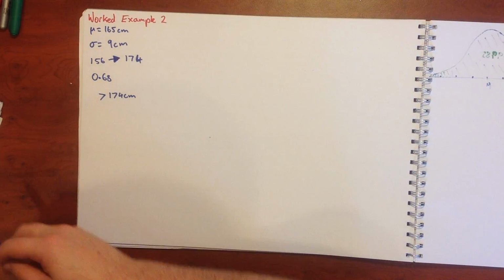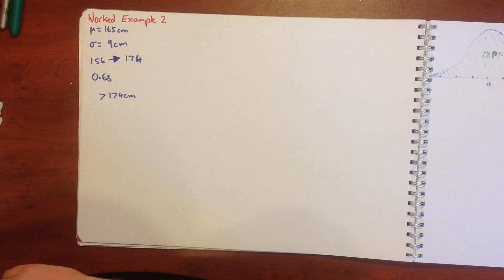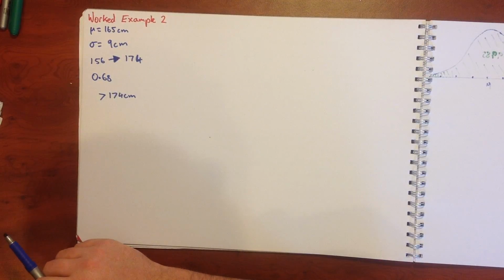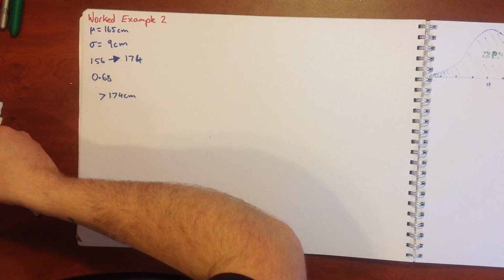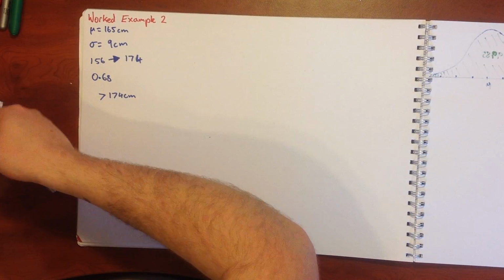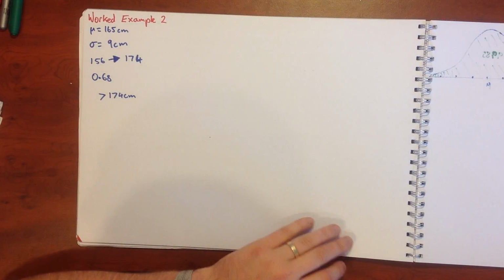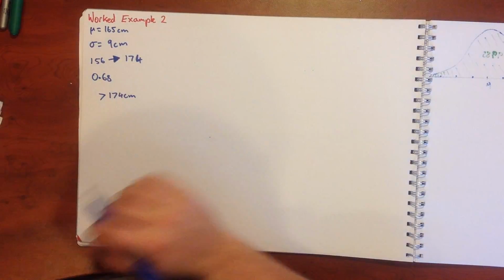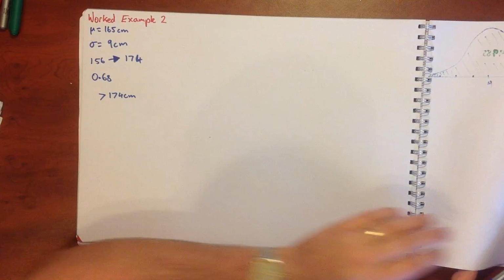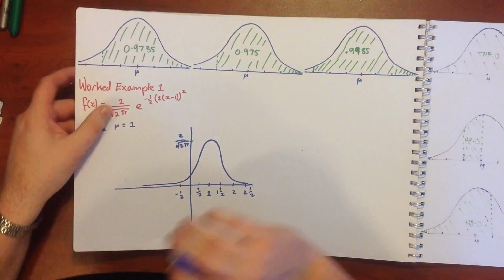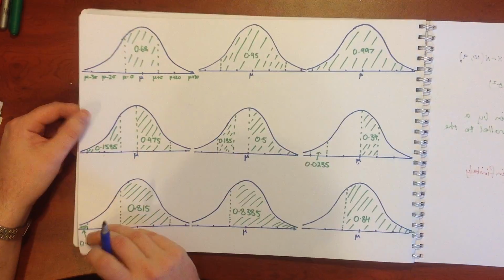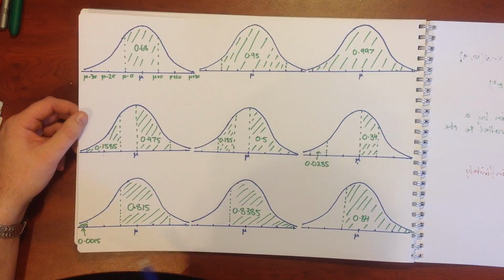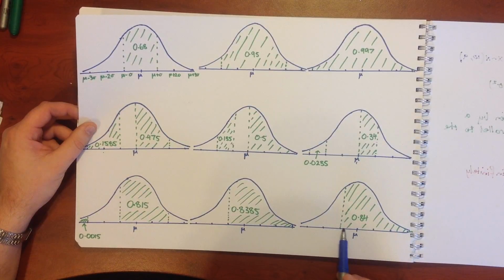But that's okay. Looking below 1 standard deviation, which I believe I did see, here we go: our 0.84 is everything else.